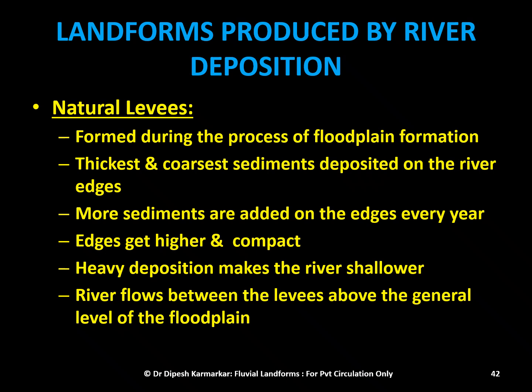The thickest and coarsest sediments are deposited right at the river's edges, since the river loses energy quickly there. As more sediments are added year after year, these edges get higher and more compact until the river actually flows between levees that stand above the general level of the floodplain.